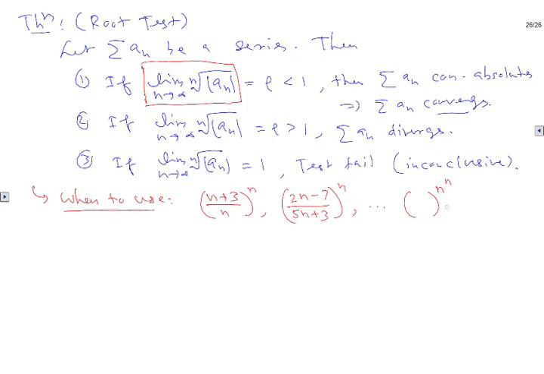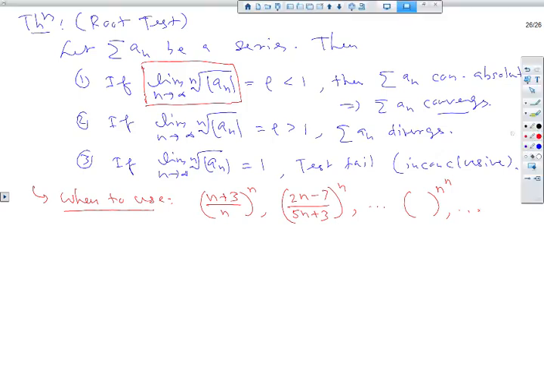That definitely we use the root test for this kind of problem. Those kinds of situations we can use the root test, because once you take the root, that n goes away, one of the root powers goes away. Okay, so let's try to see this in practice.